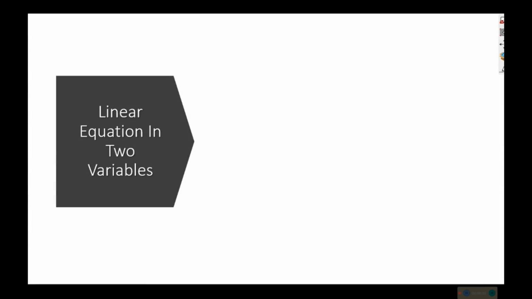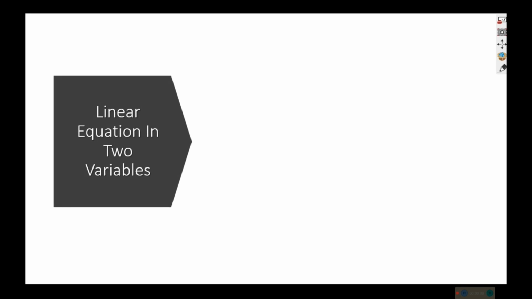Dear students, this is the second video on the topic linear equation in two variables. In the last video you came across the different methods by which we can find the solution for simultaneous equations. You first learned what is meant by simultaneous equation and the two main methods, one by elimination method, another by substitution method.